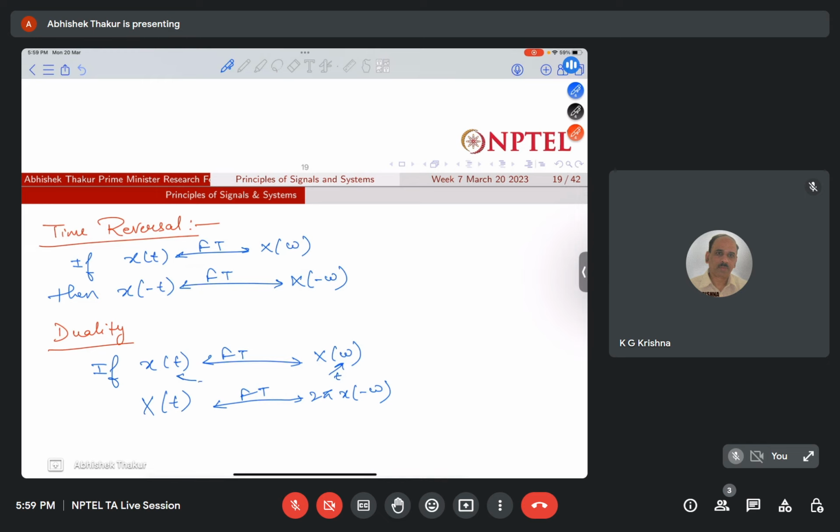So this is the duality property. There are so many other properties also that are taught in the classroom, but we'll see some of the questions.